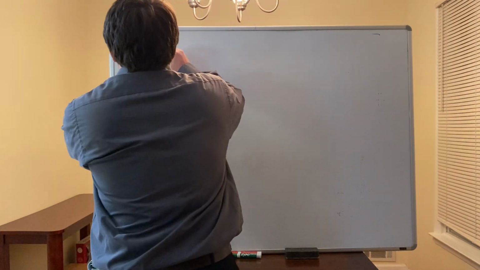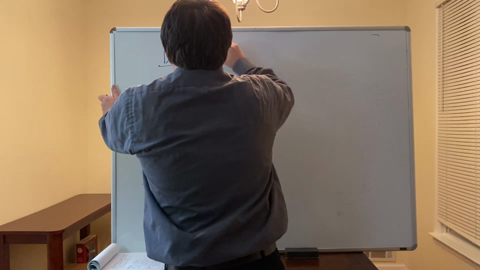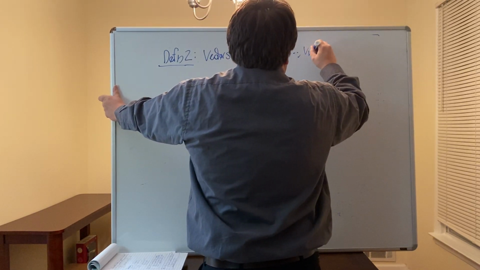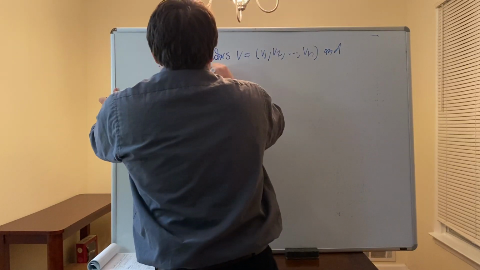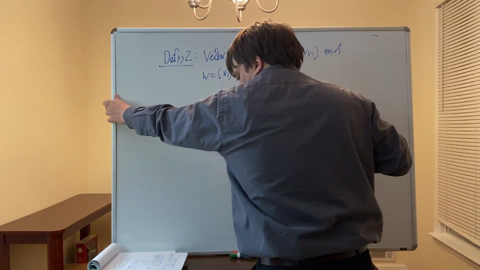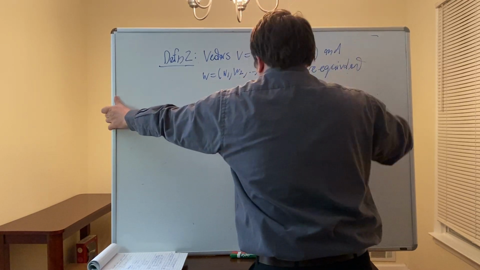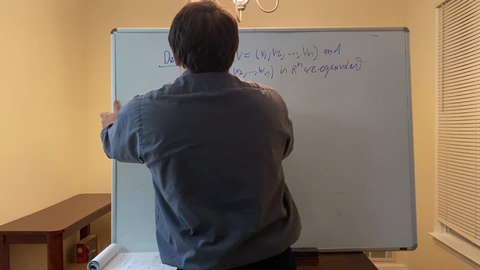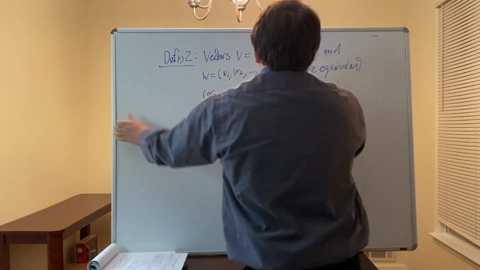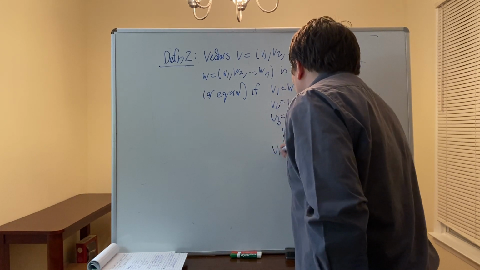Okay, so definition 2: vectors v, which is v1, v2, up to vn, and w, which is w1, w2, up to wn, in R^n are called equivalent or equal if v1 equals w1, v2 equals w2, v3 equals w3, dot dot dot, vn equals wn.